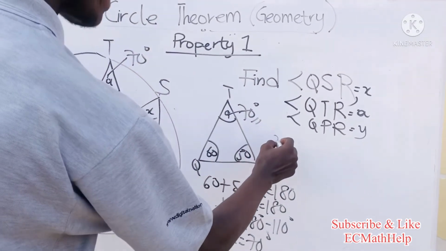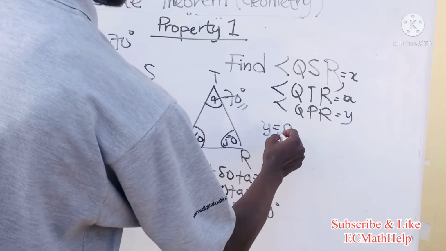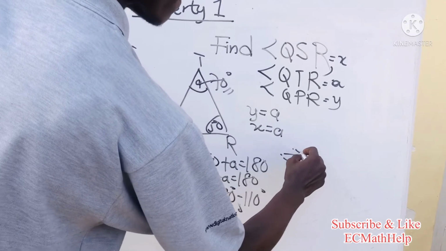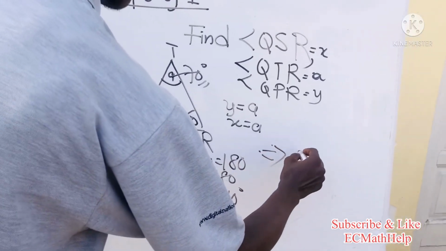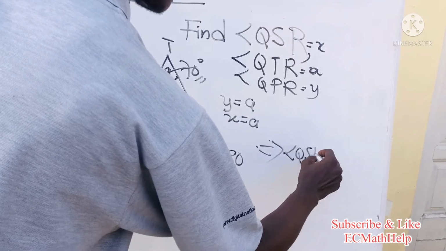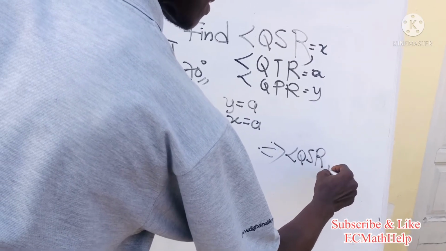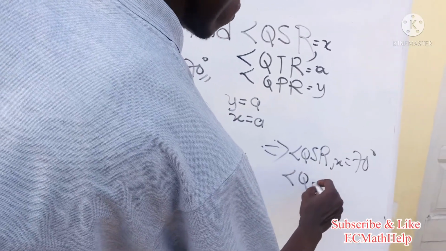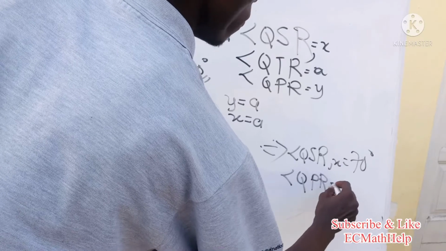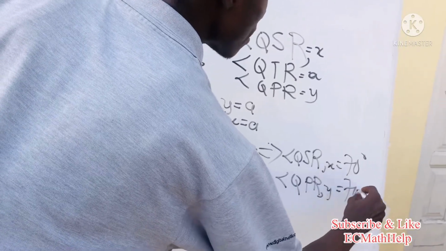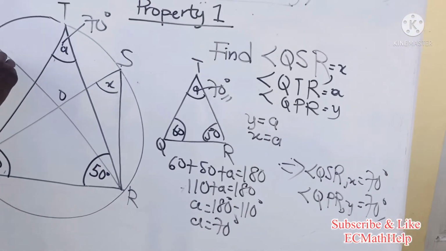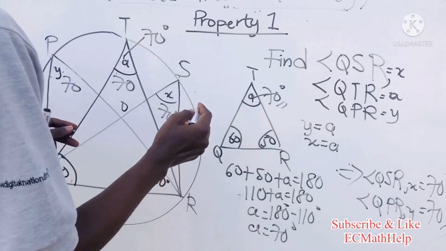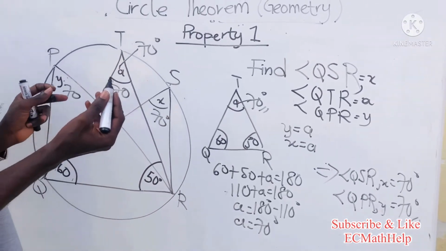Therefore, Y is equal to A and X is also equal to A. It implies that angle QSR, which is X, equals 70 degrees, and angle QPR, which is Y, is also 70 degrees. So here is 70, here is 70, here is 70. So that is the property 1 rule.